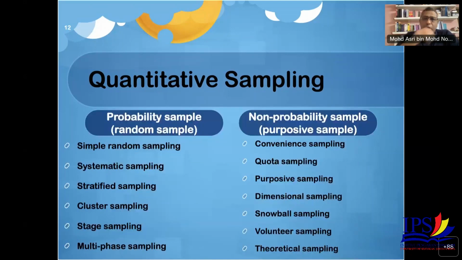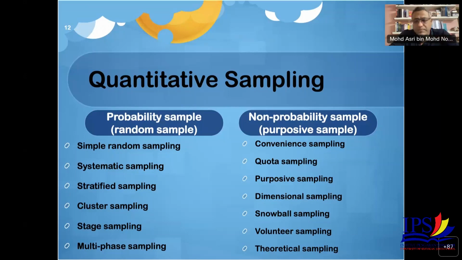Now, if you're talking about sample size, again, it depends on what book you're referring to. Now you have a population. How do you determine the size of your sample? The most common way of determining sample size would be using the Krejcie-Morgan method or the Krejcie-Morgan table.